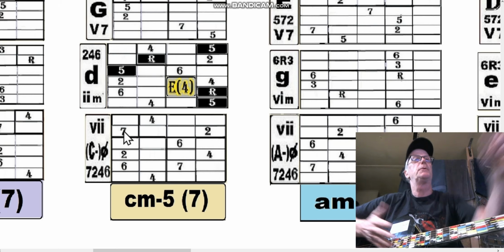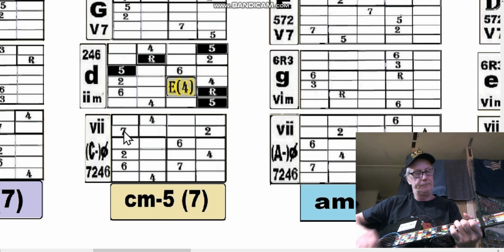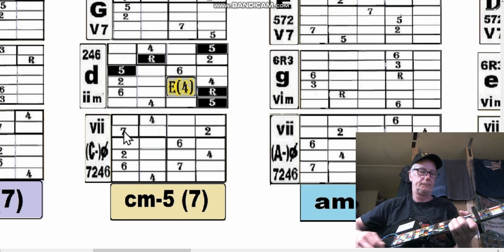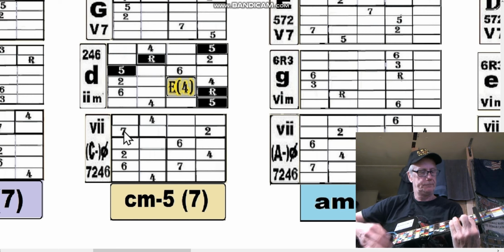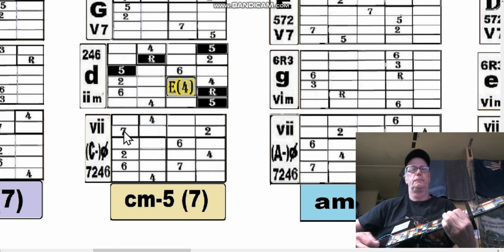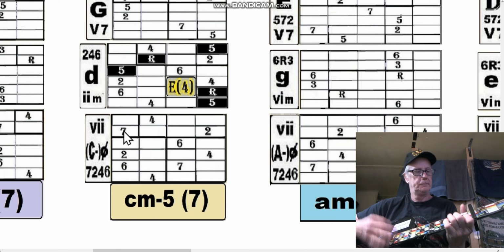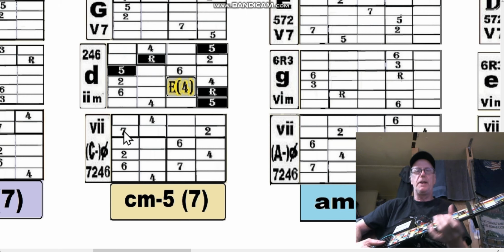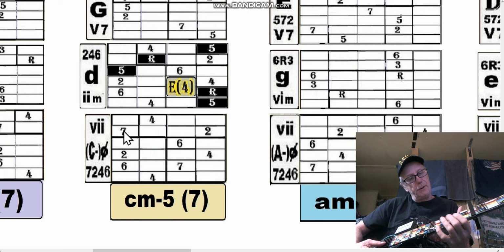So say we're doing something like this. Did you hear that little arpeggio I did? That was a half diminished 7th chord.